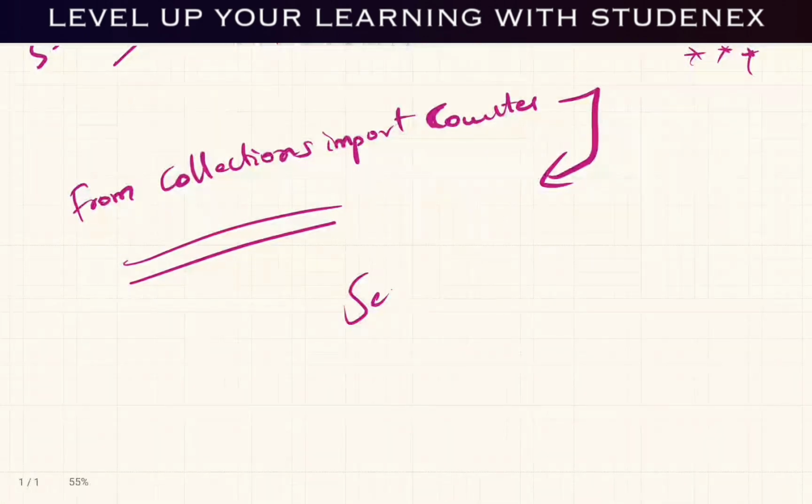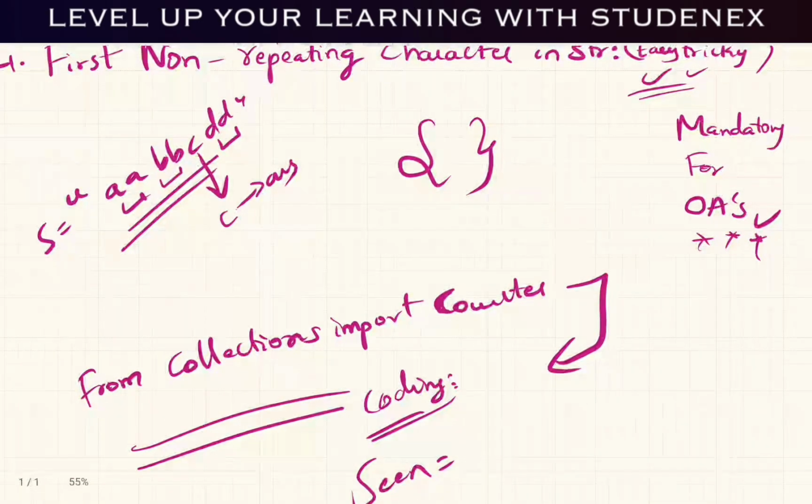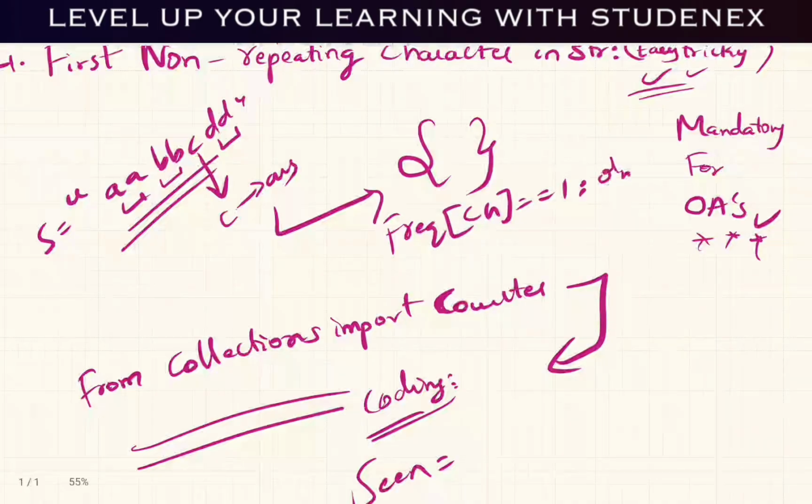I'm going to take a variable called seen. I'll store this whole string in a hash map. After storing it in a hash map, I'll check whether the frequency of that particular character is equal to one or not.